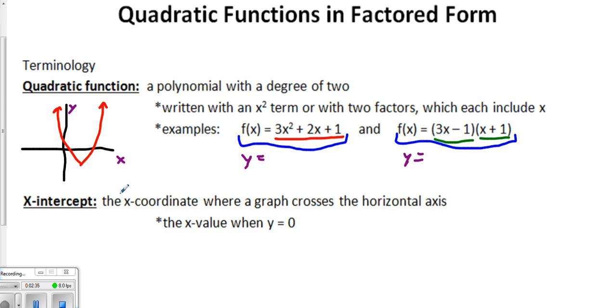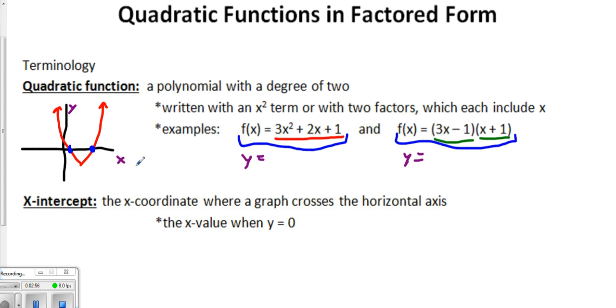The x-intercept is the x-coordinate where a graph crosses the horizontal axis. So it's the x value when y equals 0. This is going to happen right here. Here's one of our x-intercepts. It's the x-axis, so it's where it crosses that line. And it happens right here. Those are our two x-intercepts.